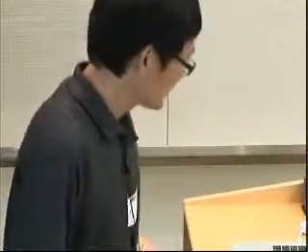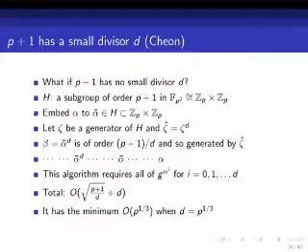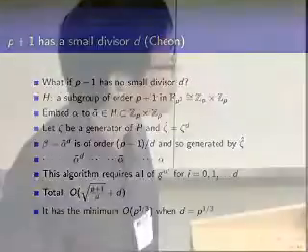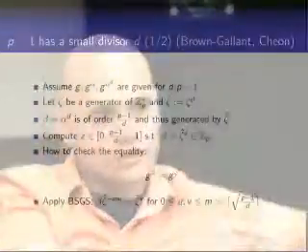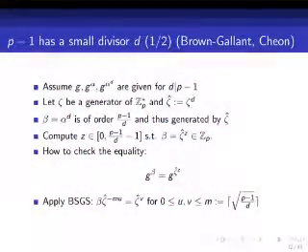Can you go back to the slides, please? So your method is working here right now in Z star p, right? Your method is working in Z star p, and g is a generator of Z star p.